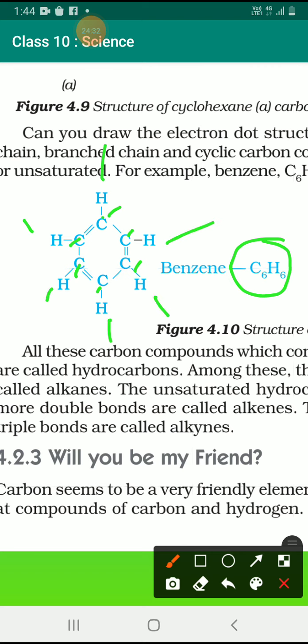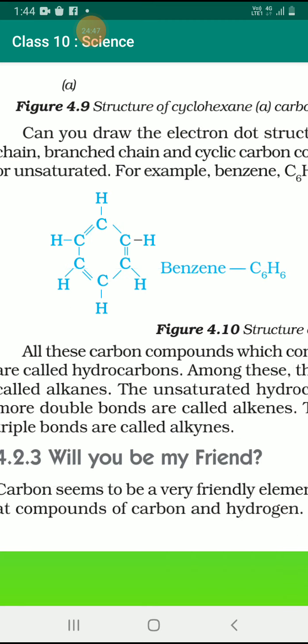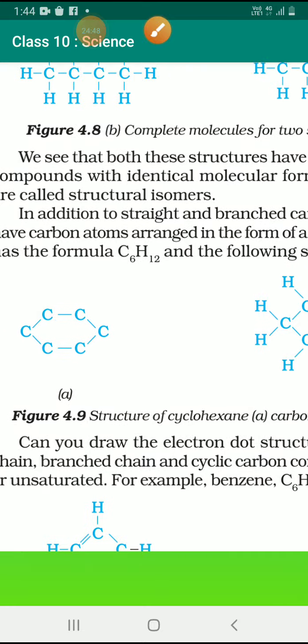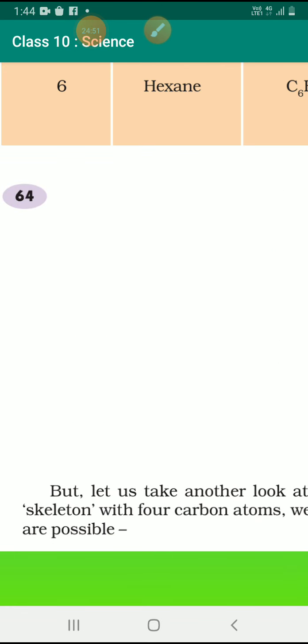Remember one more very important thing as far as benzene is concerned: it has alternate single and double bonds. You can see single bond, double bond, single bond, double bond, single bond, double. I'll show you how to draw this. It is very simple to draw, but you have to remember it very carefully.